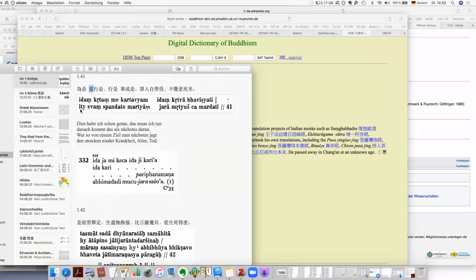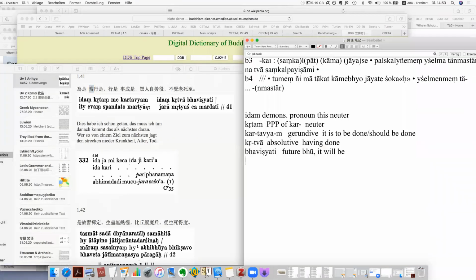So iti means kind of a quotation or a description of such a person, right? And then evam, probably you know that it's emphasis, indeed, this kind of thing.